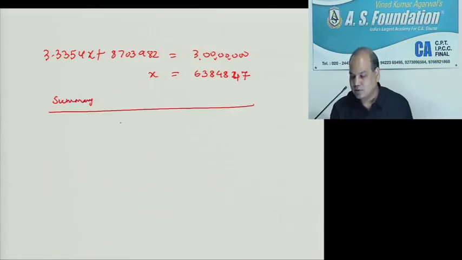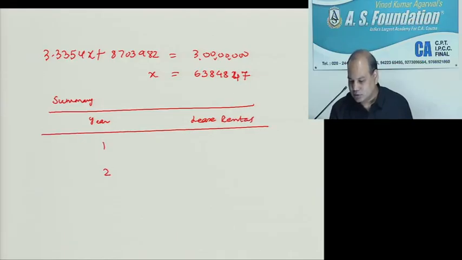All 3 years you have to write. Year, lease rental. Year 1, 2, 3. Now year 1, 3x. So take this number on your calculator, transfer it to memory plus, memory recall, multiply by 3.